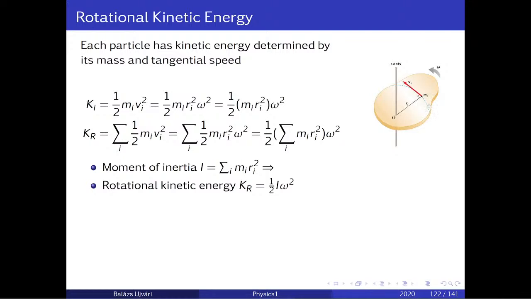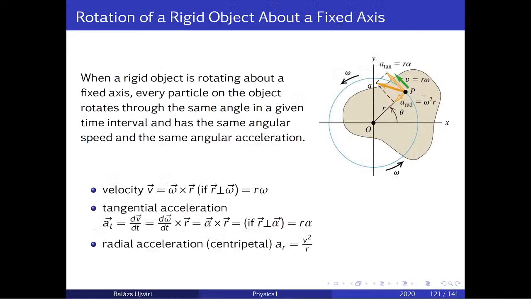So all the points along this blue dashed line have the same velocity, but at every other radius the velocity will be different. So I can calculate the kinetic energy of this small point, which is 1 over 2 m_i v_i squared.